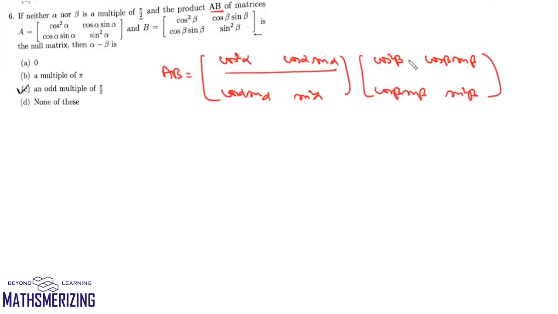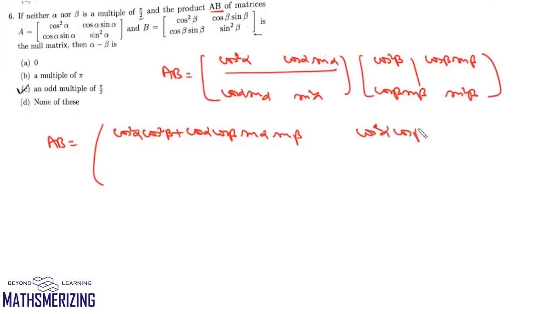Now we'll multiply them. We can write AB as cos square alpha cos square beta plus cos alpha cos beta into sin alpha sin beta, then cos square alpha cos beta sin beta plus cos alpha sin alpha into sin square beta.